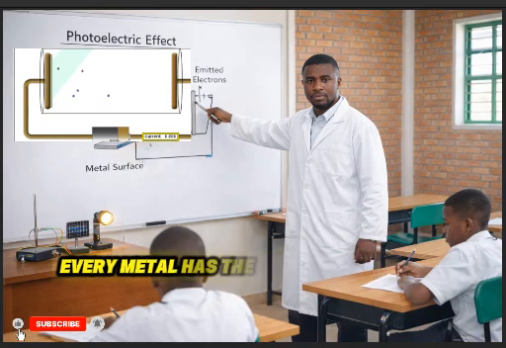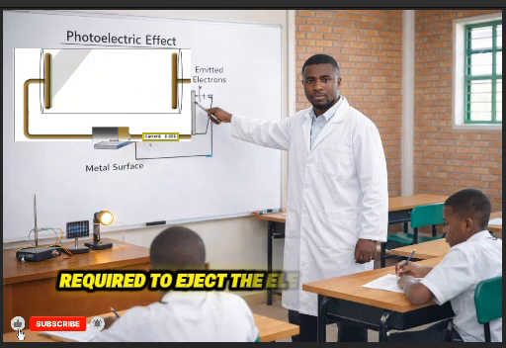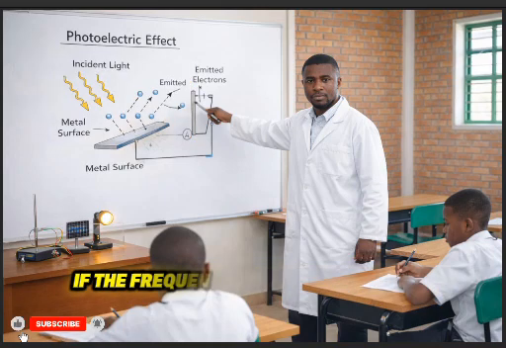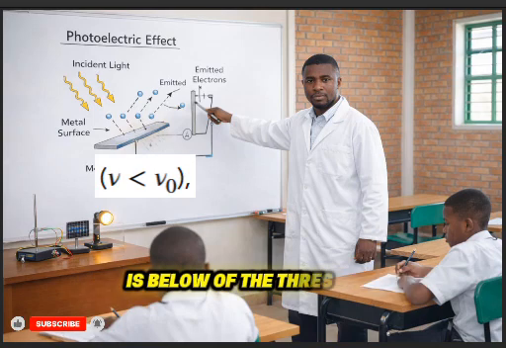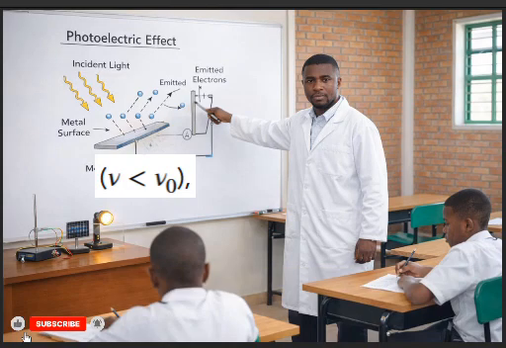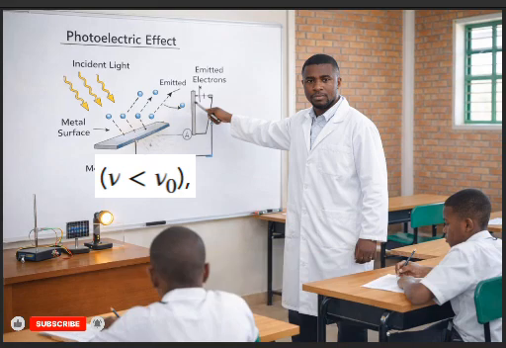Every matter has a minimum frequency of light required to eject an electron from its surface. If the frequency of the incident light is below the threshold, no electron will be emitted, regardless of how intense the light is.